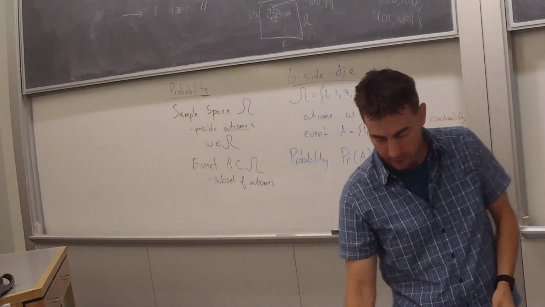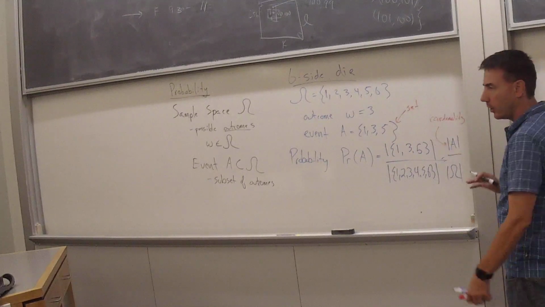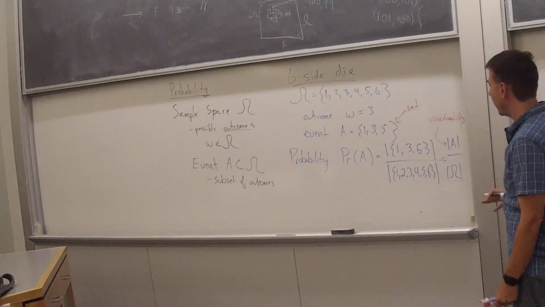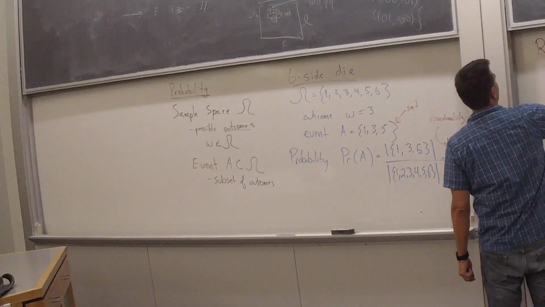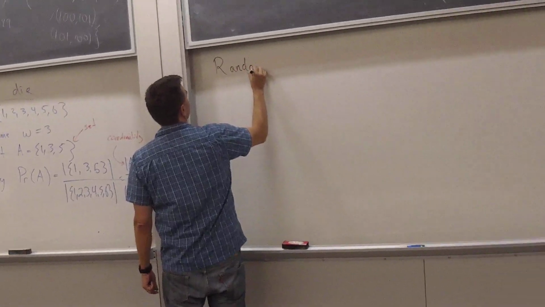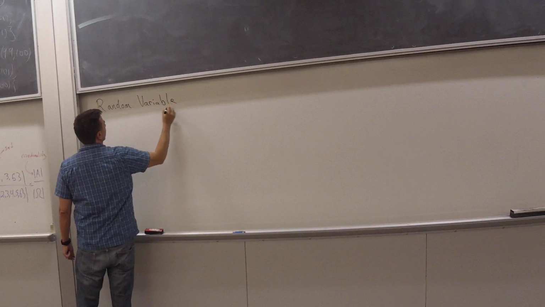Okay, so hopefully this is not such a new concept, or if you haven't seen it before, hopefully this kind of intuitively makes sense. The next main concept is a random variable.